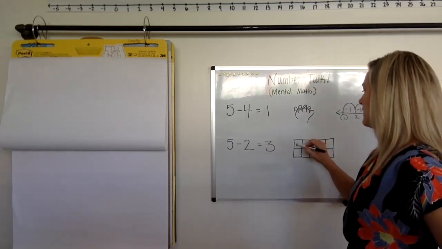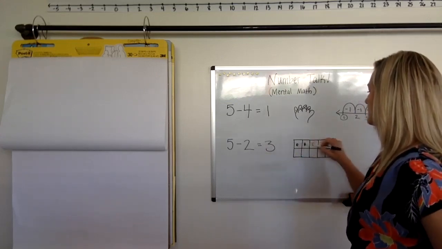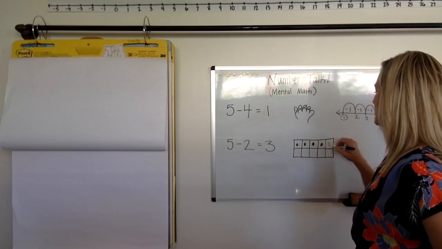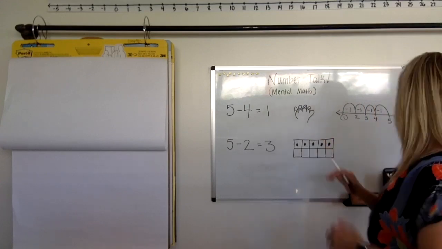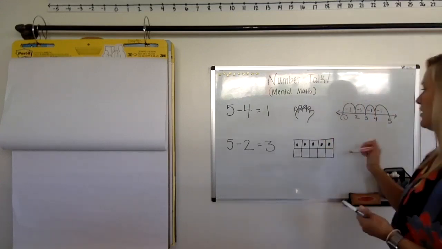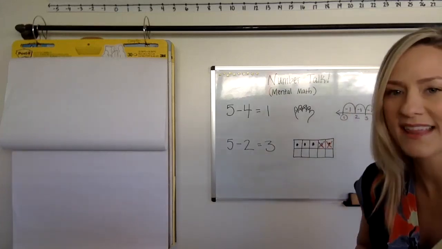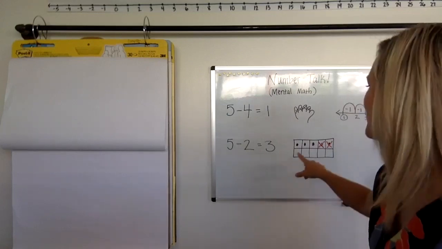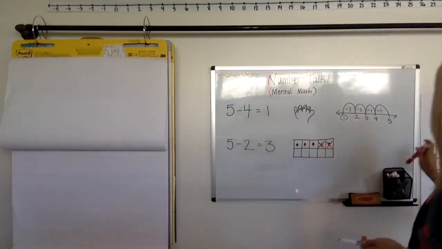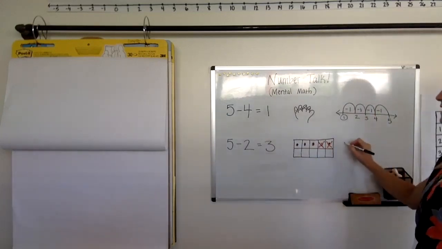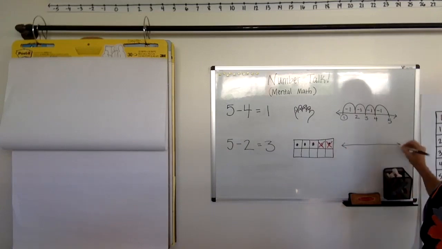And you filled in 5. And then you took away, boom, boom. You were left with how many? You see it there? You were left with 1, 2, 3.